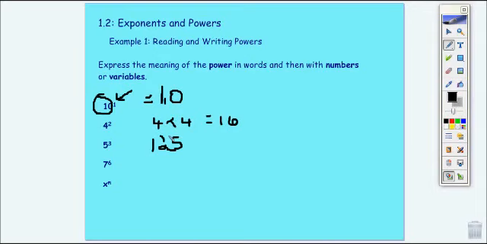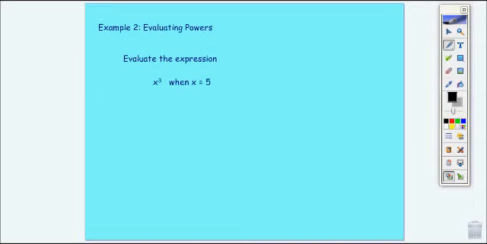Okay, our next example, example 2, says we're going to evaluate the powers. Whenever we see that word evaluate, we usually see the word when, and so that gives us some value to be able to substitute in. So we want to know what x cubed is when x is 5, and that was on the first page. However, I have a little bit more room to write here.